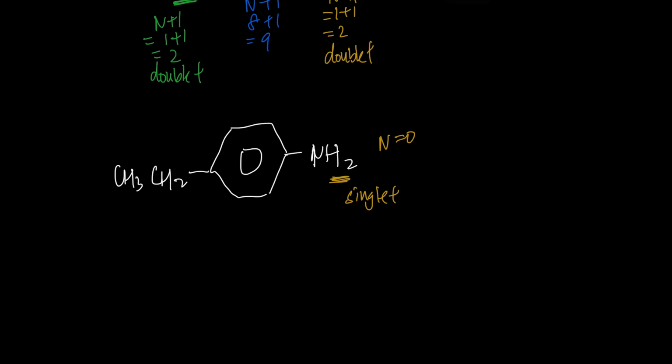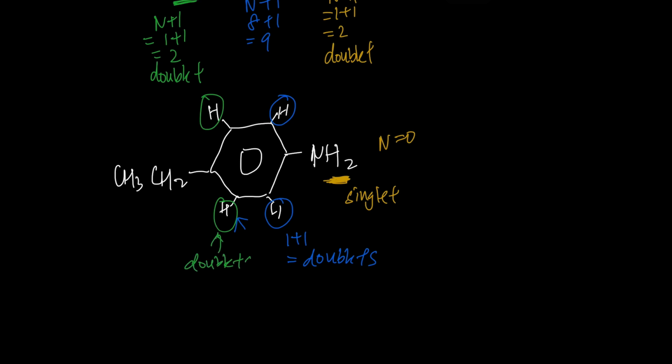The number of neighboring protons is 0, so the multiplicity for this proton is a singlet. And remember, you have hydrogen here and hydrogen here. These two are the same, and they give you another signal. The multiplicity for this will be 1 plus 1 because you have one neighbor, so it's a doublet.